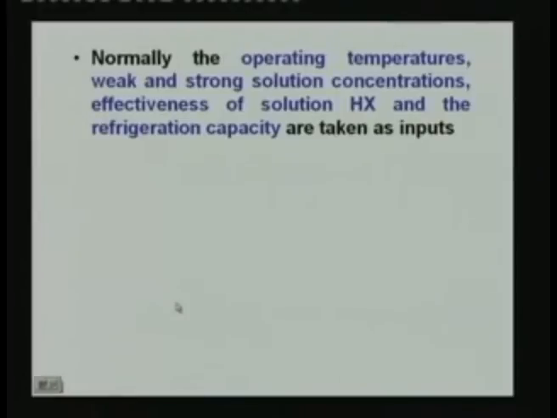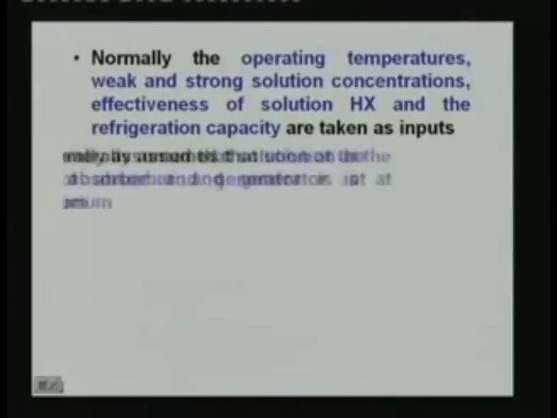Now, normally the operating temperatures, weak and strong solution concentrations, effectiveness of the solution heat exchanger, and the refrigeration capacity are taken as inputs, because to get the performance you have to supply certain inputs, and these are the typical inputs to any system design. From these inputs and the set of equations, you have to arrive at the required performance parameters.